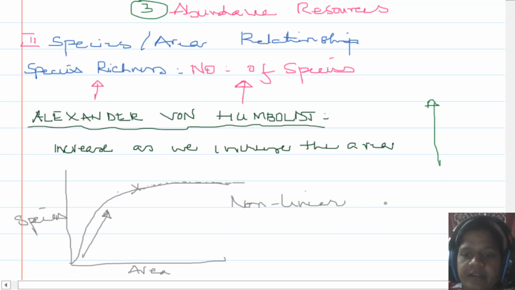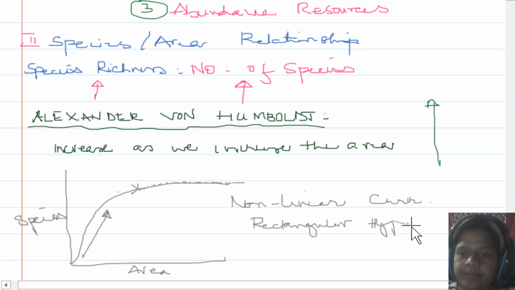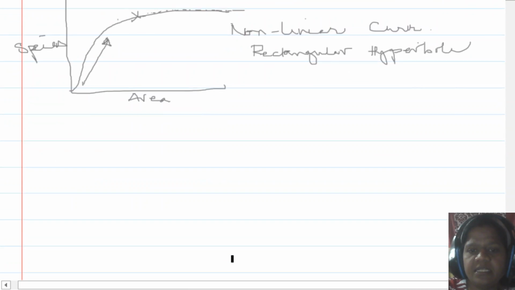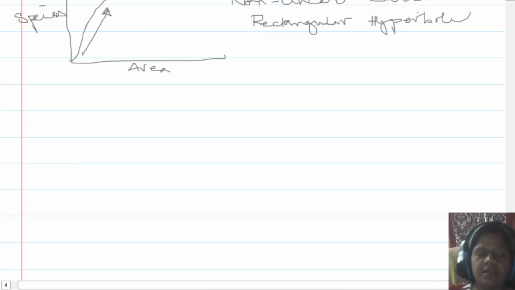This non-linear curve is called a rectangular hyperbola. Because this curve is non-linear, we're not able to understand it easily. So what can we do?